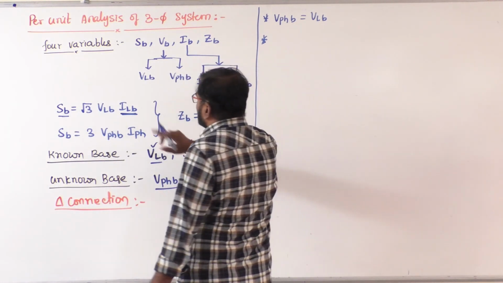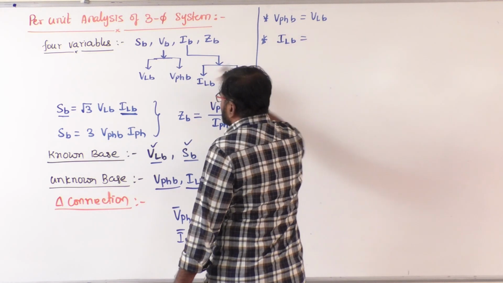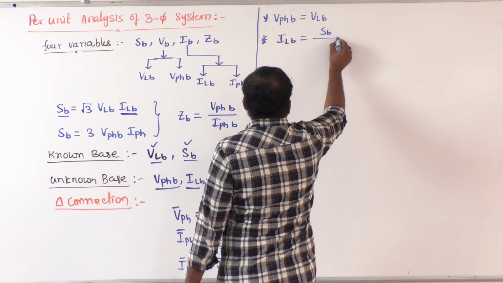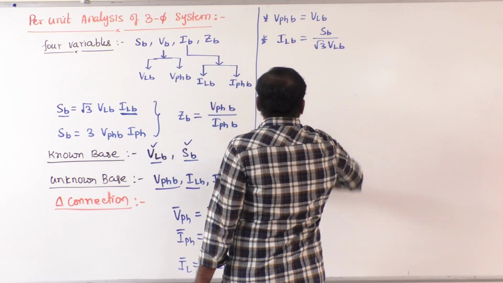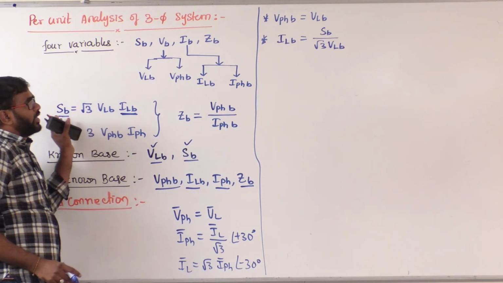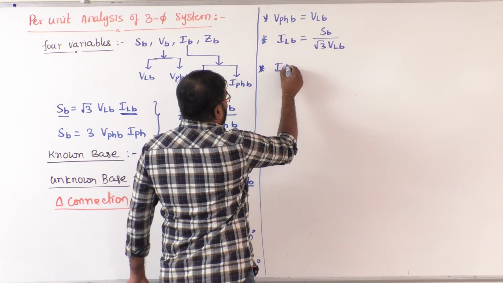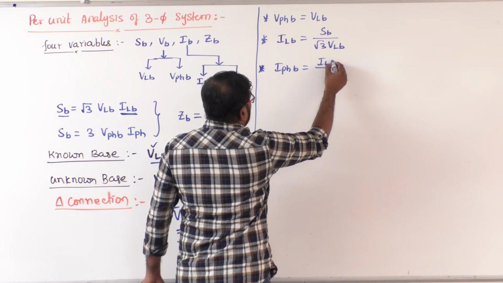I line base is S base by root 3 times V line base. Correct or not? But what about I phase base? I phase base is I line base by root 3.